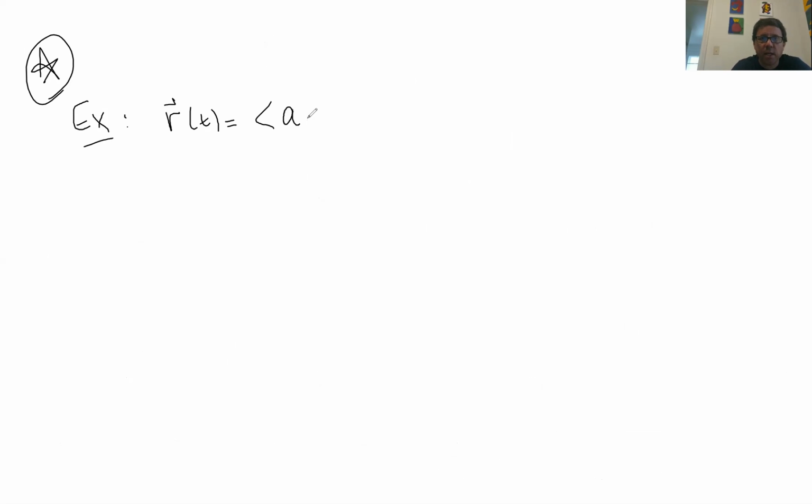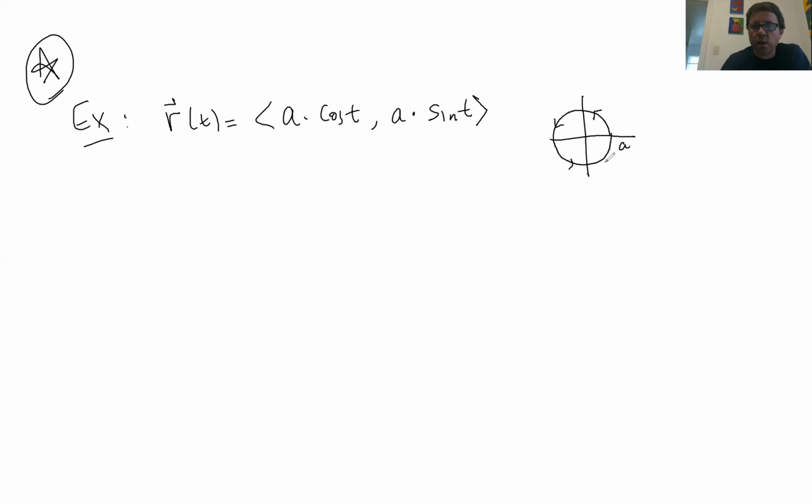So A times the cosine of t and A times the sine of t. So this picture should be pretty familiar at this point. Circle of radius A, and the question is what is the curvature formula for that?